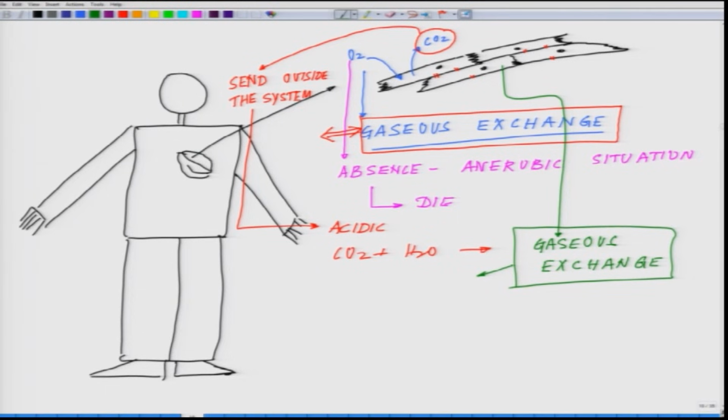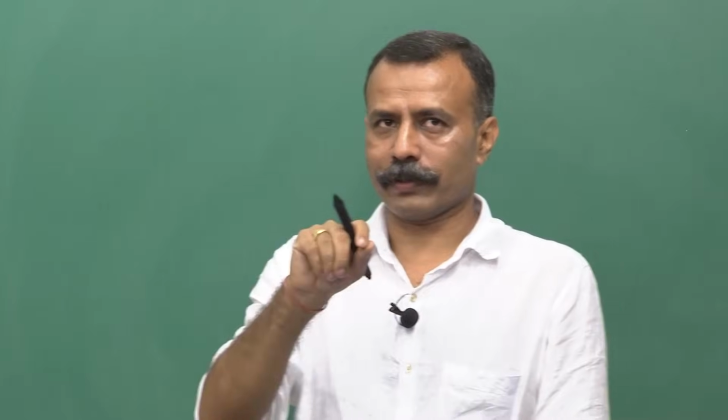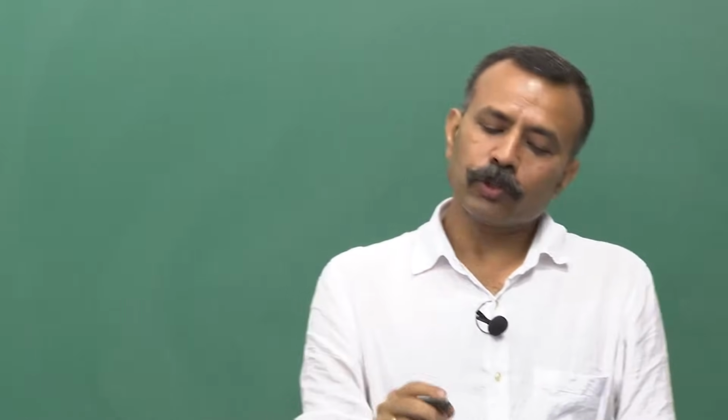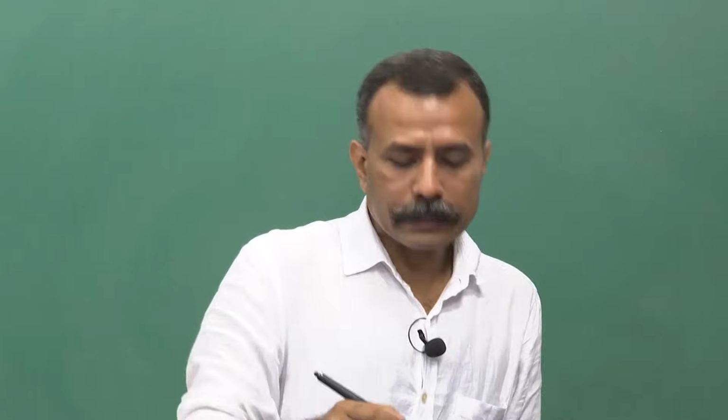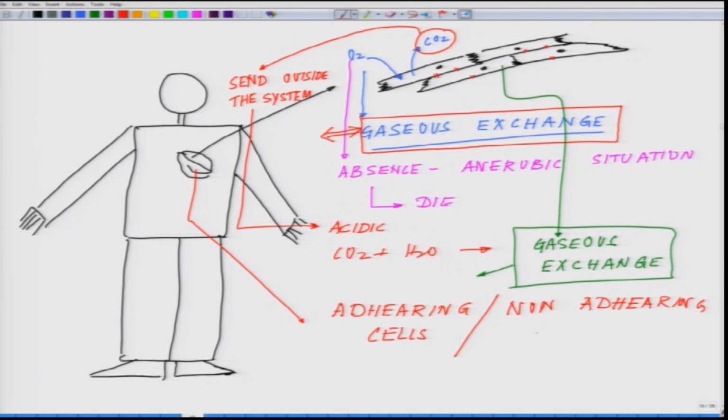Next parameter is this. We have to figure out, if you remember that in one of the lectures I gave a pause, I said if these cells adhere to the surface. So, there are two kinds of cells: adhering cells and non-adhering cells.